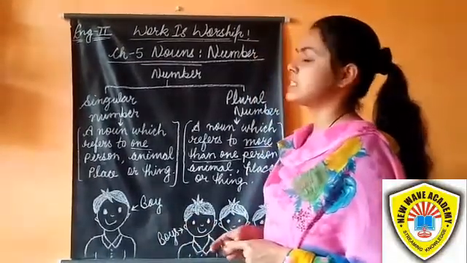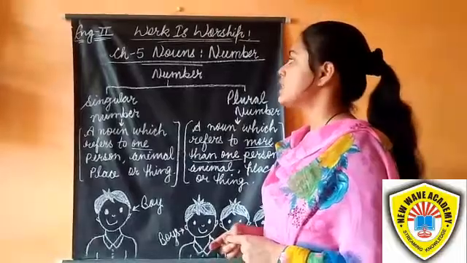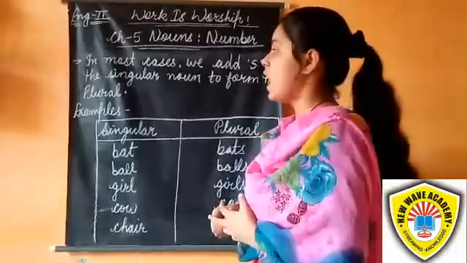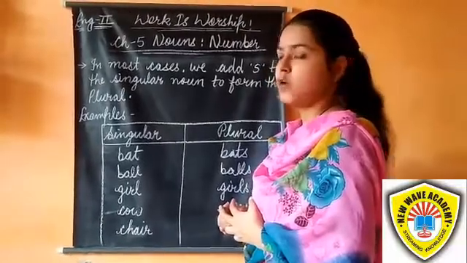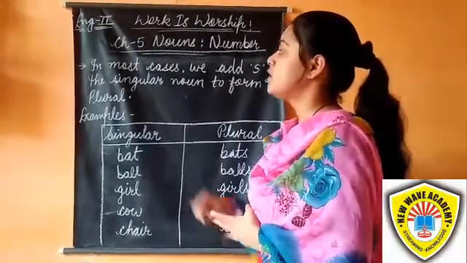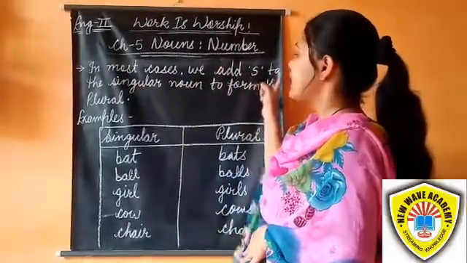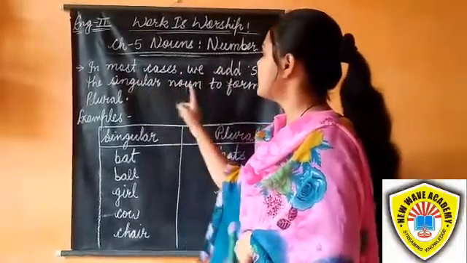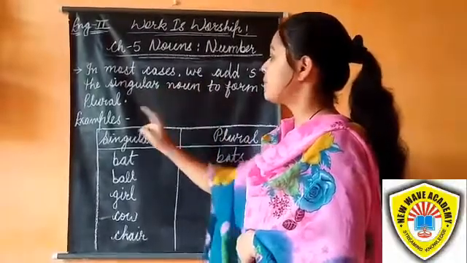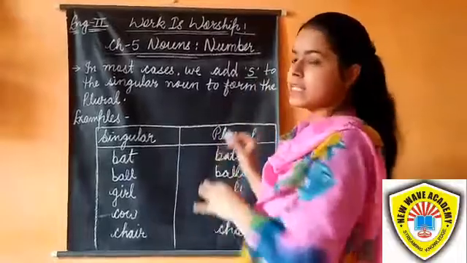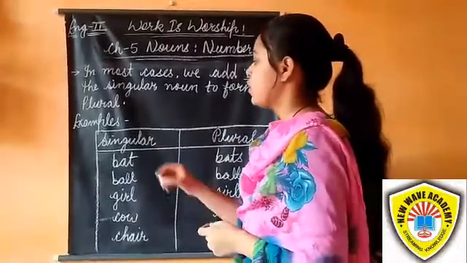So let's see the rule of how we change singular number into plural number. How to form a singular noun into a plural noun. In most cases we add s to the singular noun to form the plural noun. So we mostly add s at the end of the word.